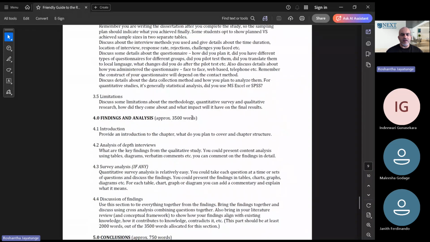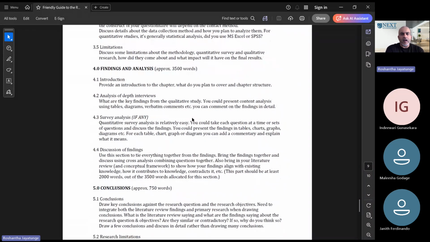It's 3,500 words, and you're required to tell exactly what you found, presented in a way that people can get meaning from the data. If you just do a survey, it's just a bunch of numbers. What do those numbers tell us about the people that took part, and about their answers?